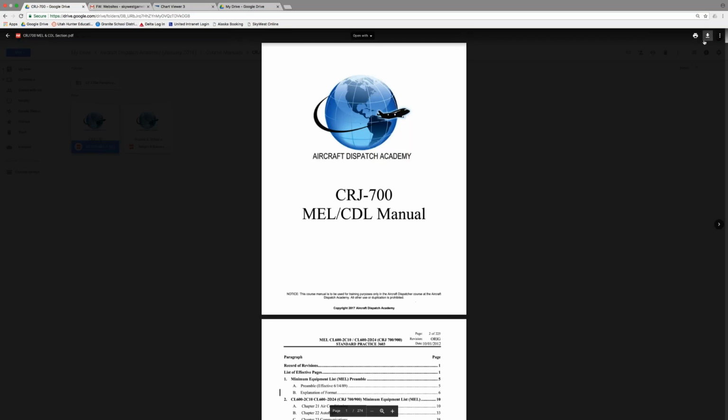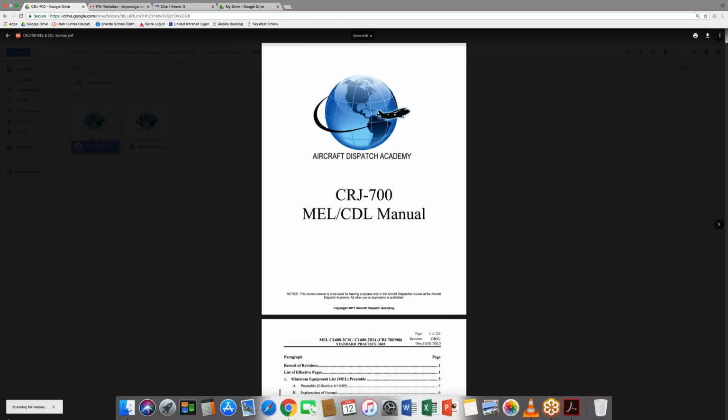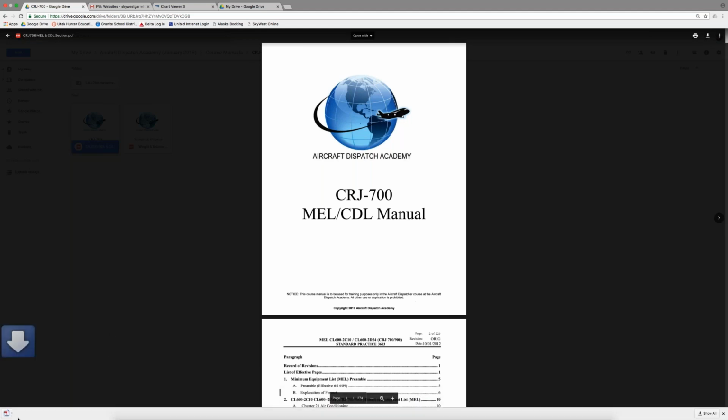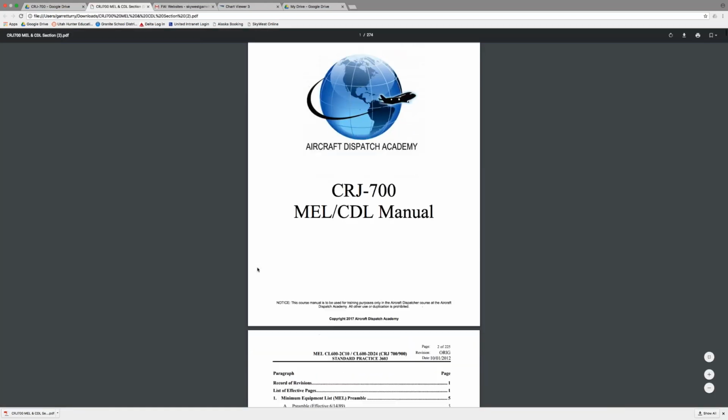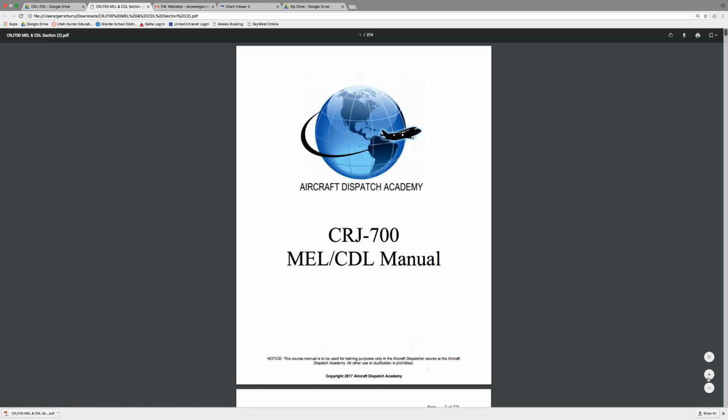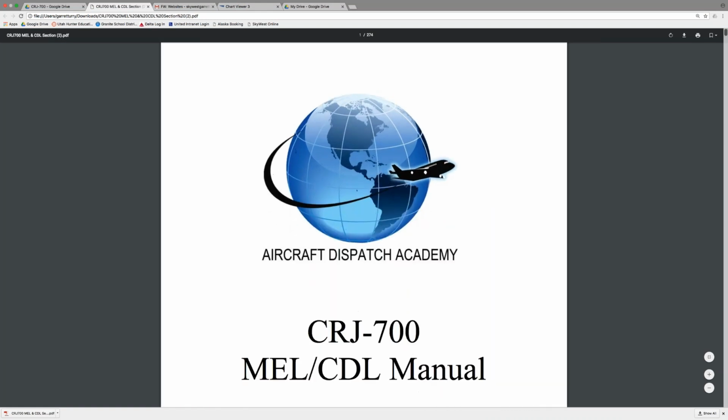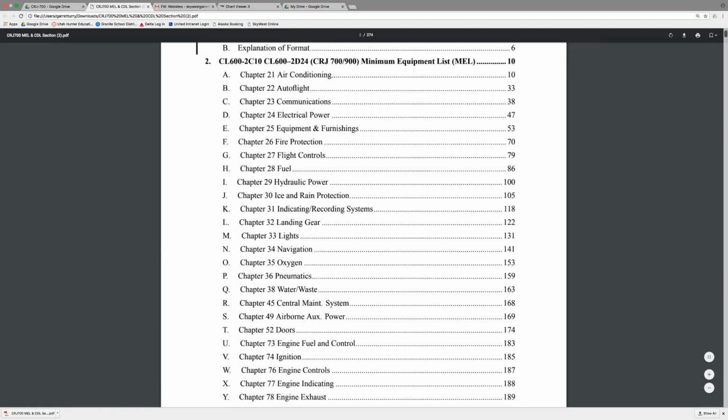So click this download button in the top right corner. Well, I'm on my iPhone doing that. Okay, well, can you scroll to page 159? Because if you look right here in the index, it says page 159 right here with pneumatics, right?